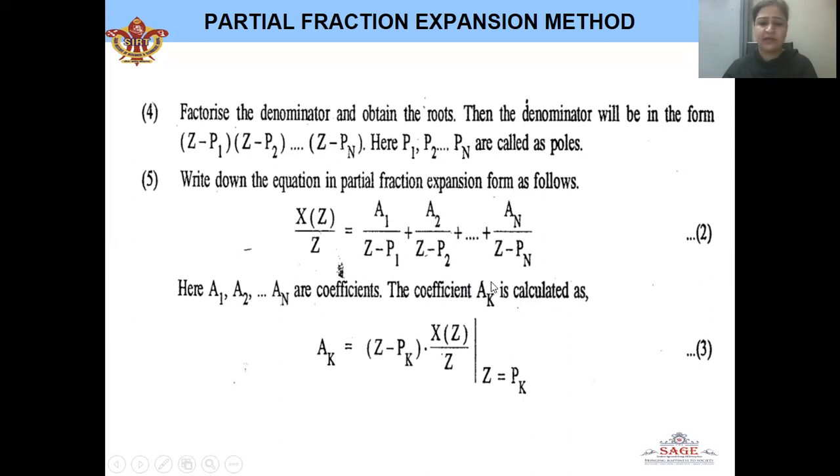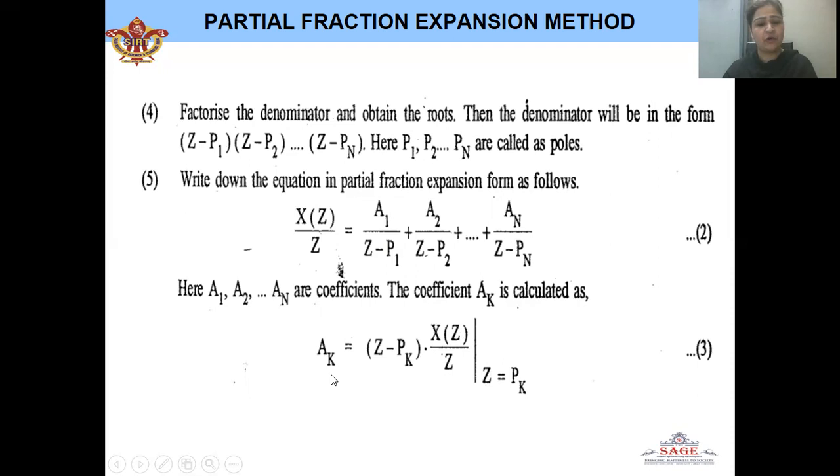Now, if I want to find out the value of any coefficient ak, then ak is given as X(z)/z multiplied by that particular factor (z − pk), and the value of this whole expression will be calculated at z = pk. Suppose I want to find a1. a1 will be written as X(z)/z times (z − p1), and the value of this expression will be calculated at z = p1.